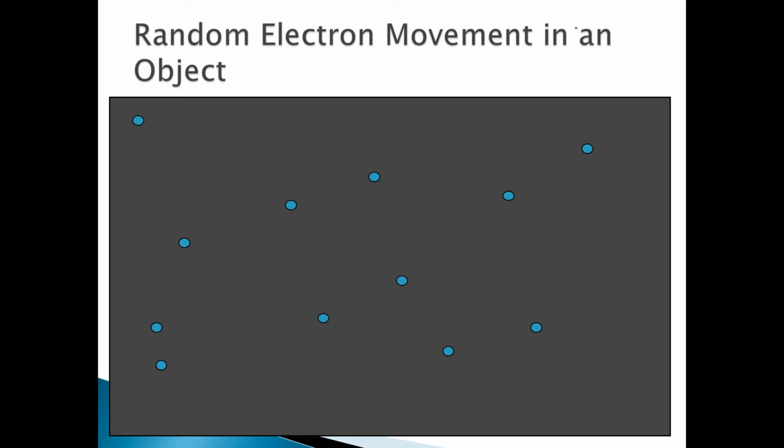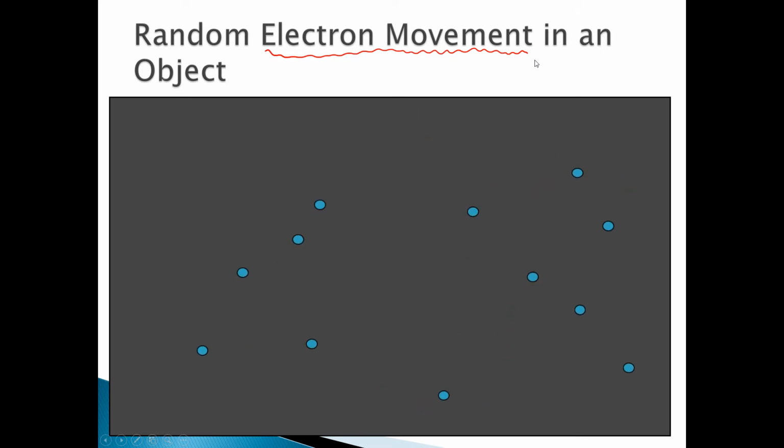Now, what about most objects? Most objects do have electrons that move, and every electron that moves will create a magnetic field. The problem with most objects is that the electrons don't move in any appreciable patterns. They have very random movements.